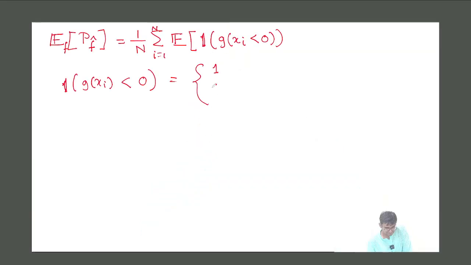Then 1 by n summation of P of f, what will you get? 1 by n multiplied by n P f. N and n will cancel out, giving P f. Summation of a constant is equal to n times the constant. This is equal to 1 or 0, which means this is a Bernoulli distribution, and it is 1 with probability P of f.